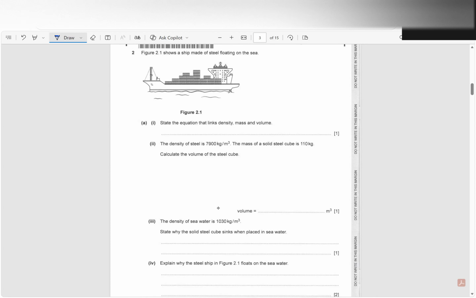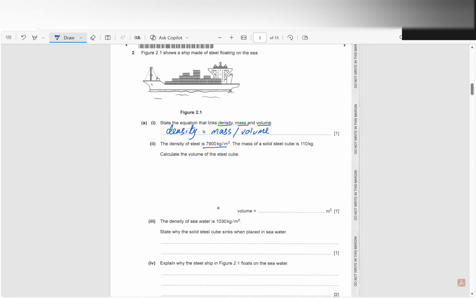The first part, part A part 1, is asking to state the equation that links density, mass, and volume. We have the simple equation: density is equal to mass over volume. Next, part 2: the density of steel is 7900 kg per meter cube.